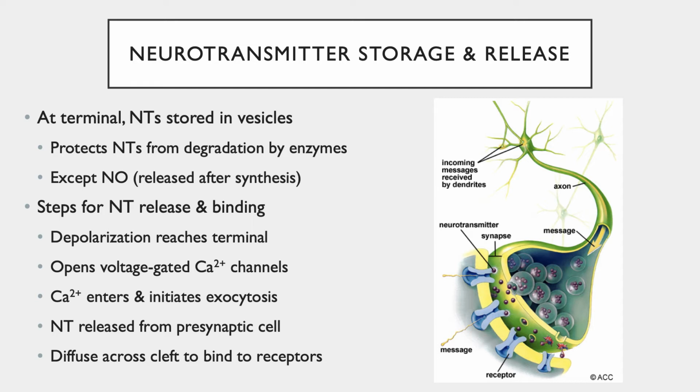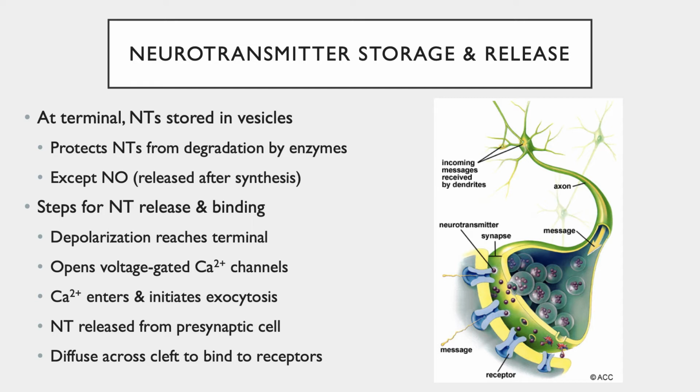Vesicles serve a really important function, which is to protect neurotransmitters from degradation by enzymes. Those enzymes are floating around nearby, so if they weren't protected by the vesicle, they would degrade before they could be released. And as I mentioned, the exception here is nitric oxide, which is released immediately after synthesis.